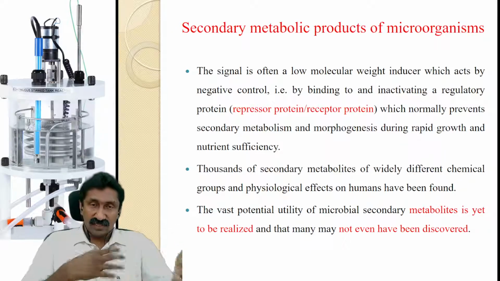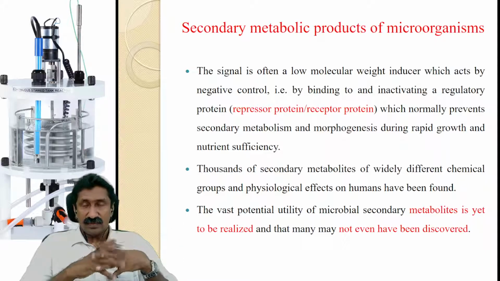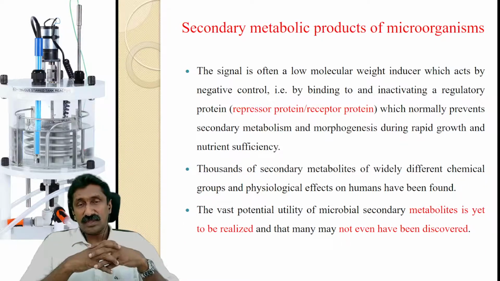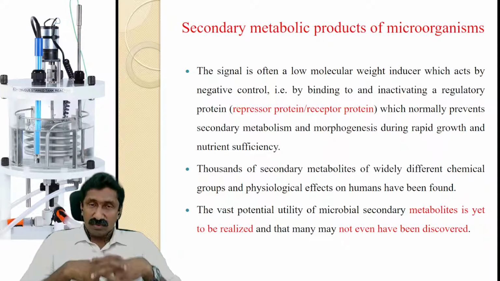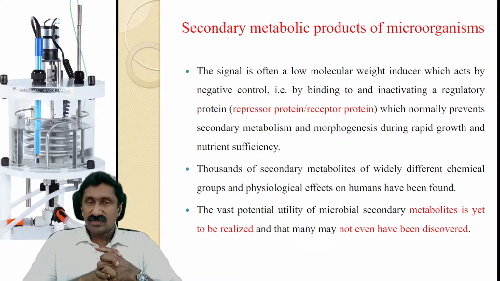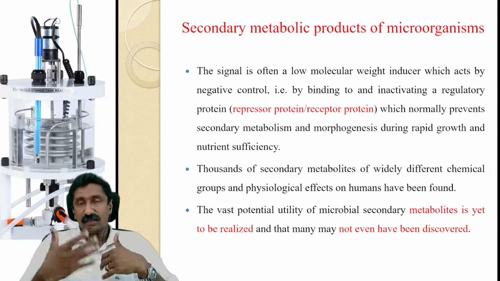For example, whether it is an antimicrobial compound or an anti-cancer compound, or some other function for that particular metabolite needs to be studied in detail. So we require more advanced techniques for identification of such complex structures and studying their biological applications.